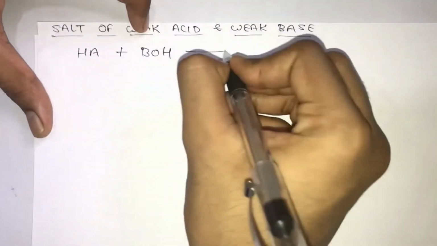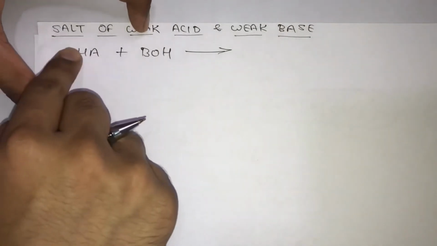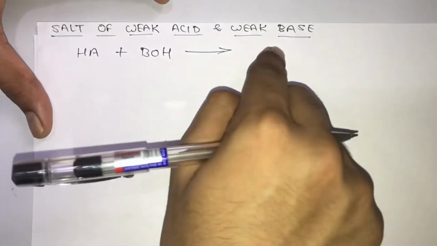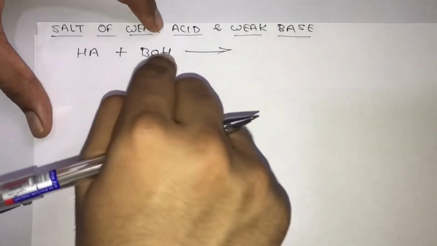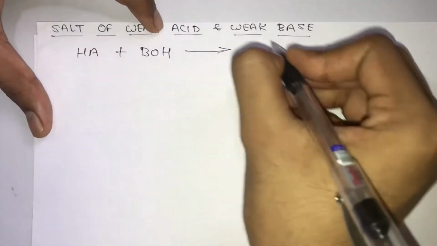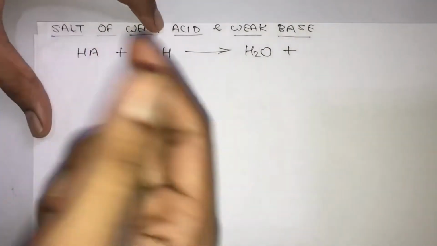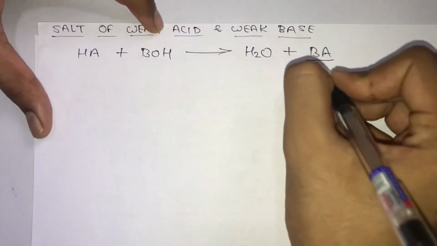Now when they react with each other, what is going to happen? The weak acid will give away H and this weak base will give away OH. So H and OH will give us water plus the salt. The salt that we get will obviously be BA.